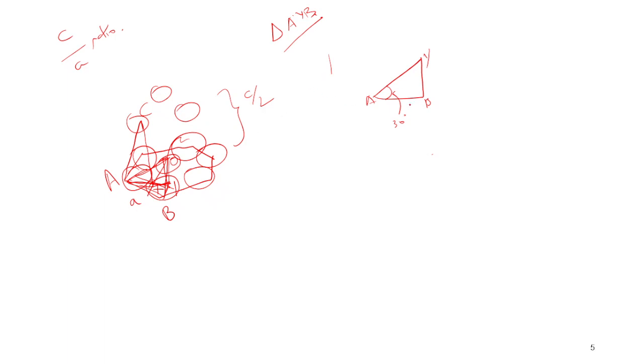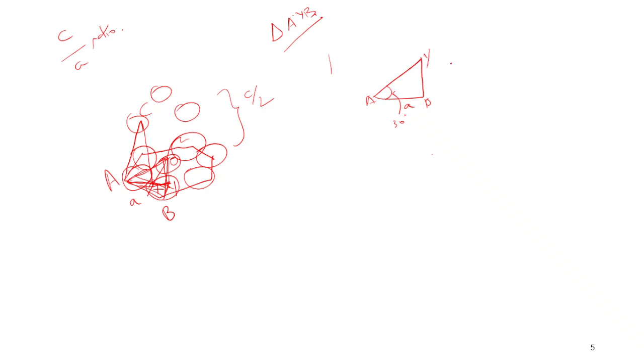Then BY we do not know, so we can just keep it as BY. Then AY, do we know? It is the hypotenuse, so we don't know yet.